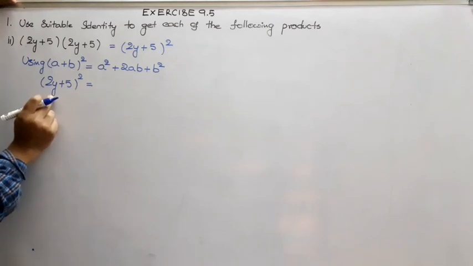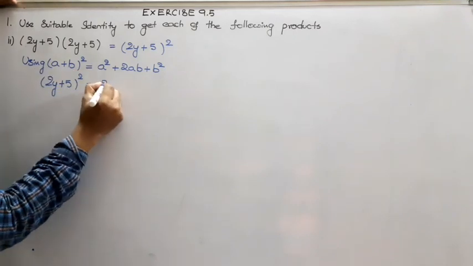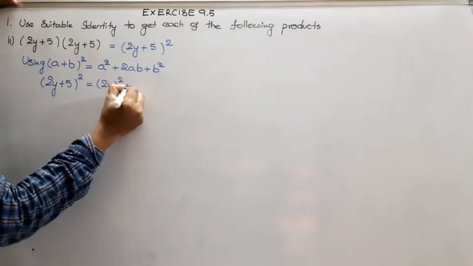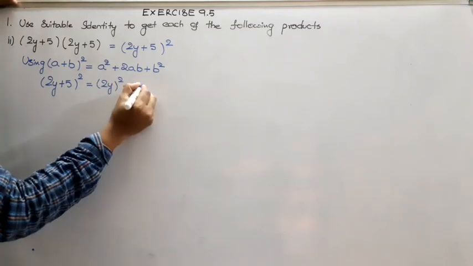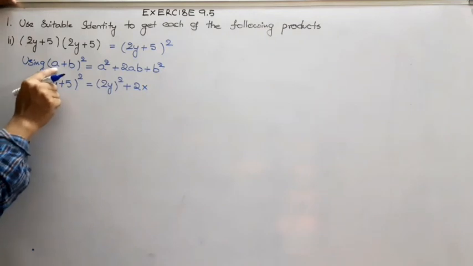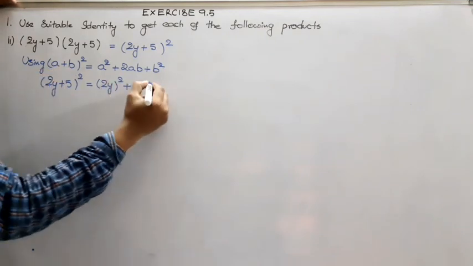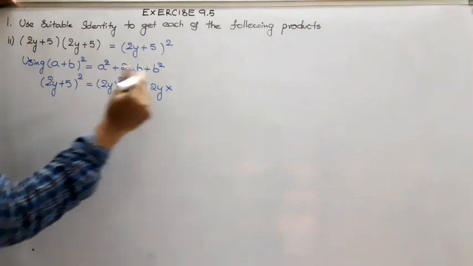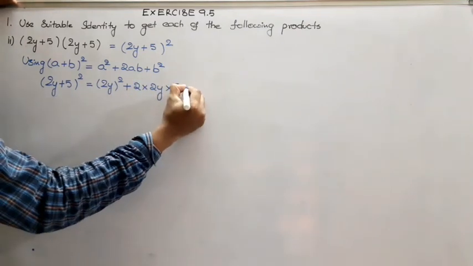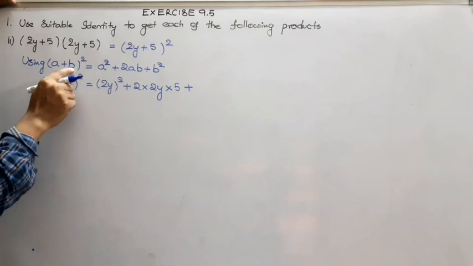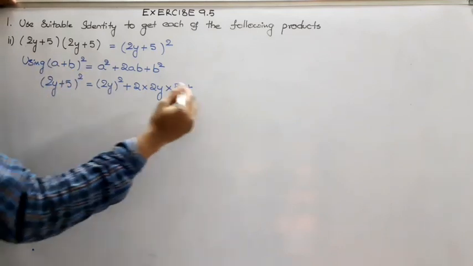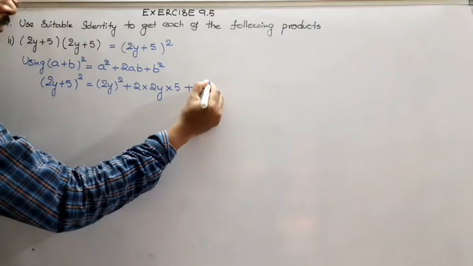We have a as 2y, so (2y) whole square, plus 2 multiplied by, what is the value of a according to this identity? 2y. And what is b? It is 5. So plus 5 square.